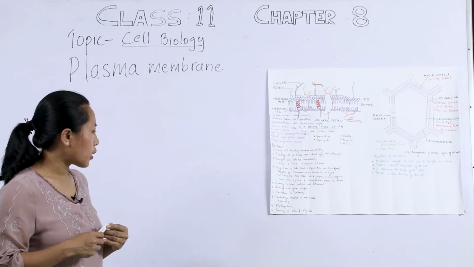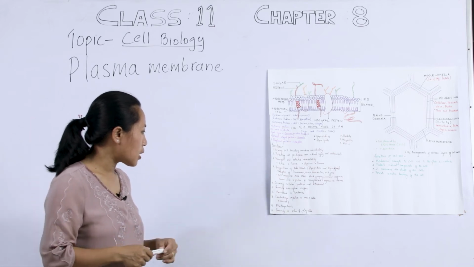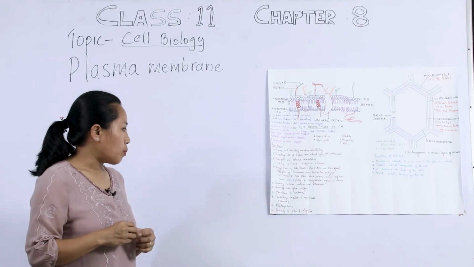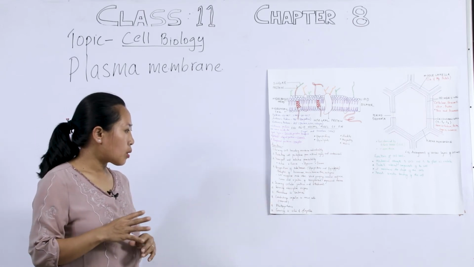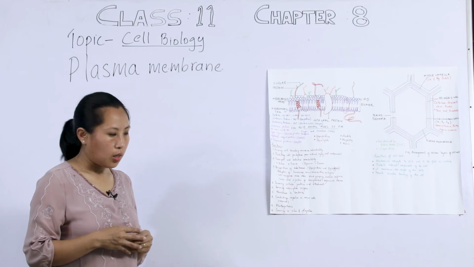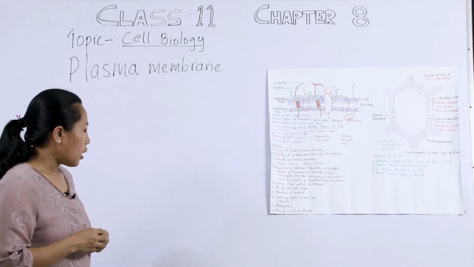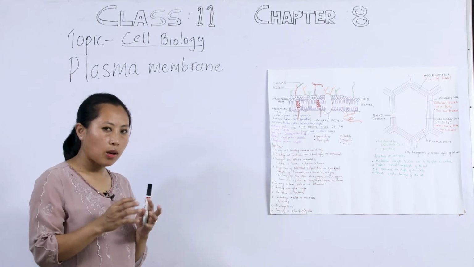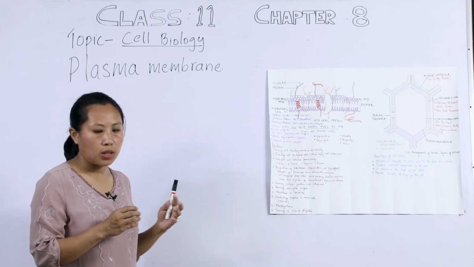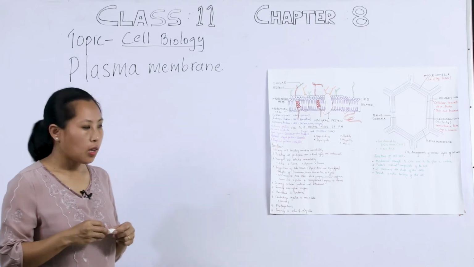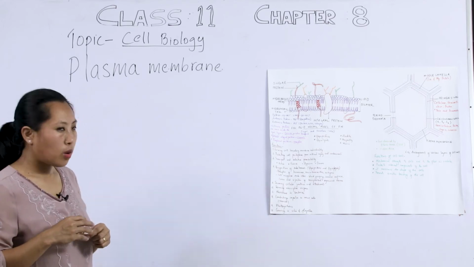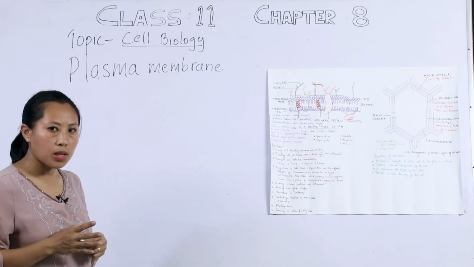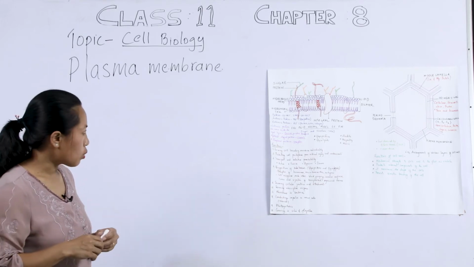Then another important function of the plasma membrane is conducting impulses in nerve cells. The plasma membrane of the neurons helps in conducting impulses. And as I've said, the membrane of thylakoids, these thylakoids are structures present in the chloroplast. We'll be discussing them in the next class. They are the sites of photosynthesis, and they contain pigments and enzymes involved in photosynthesis.